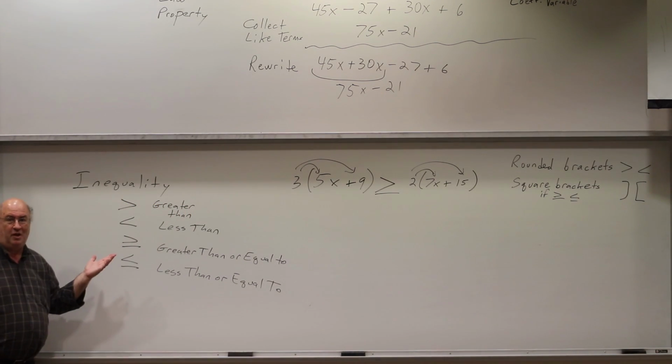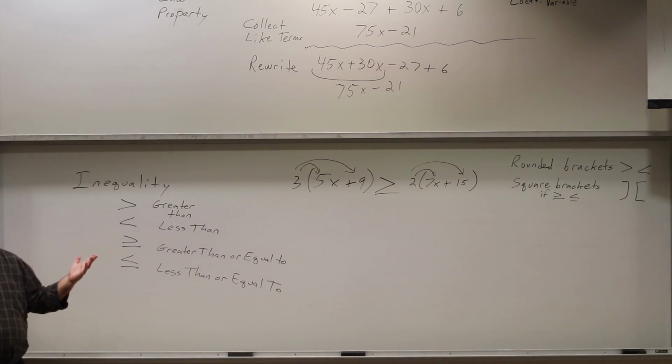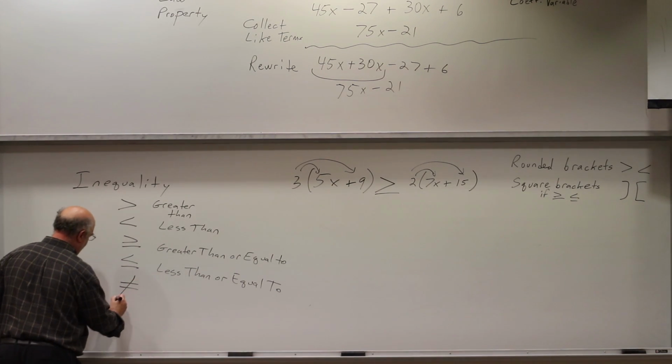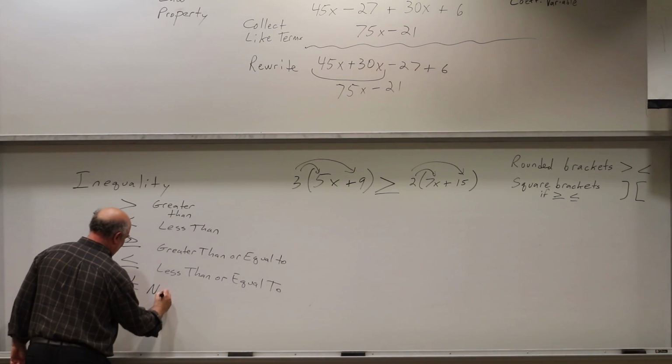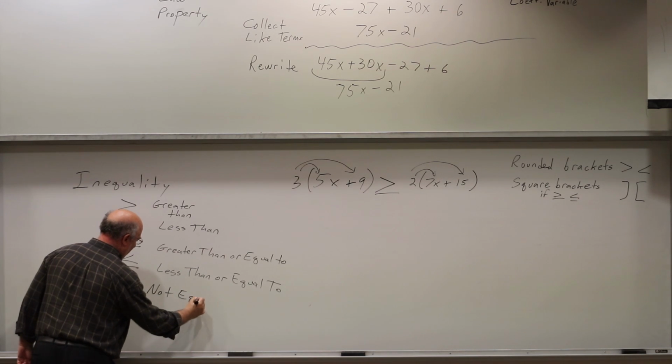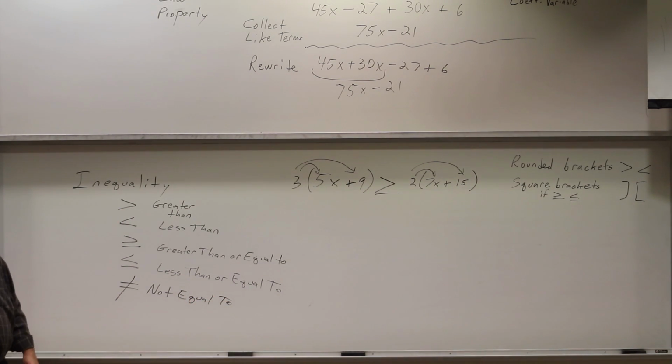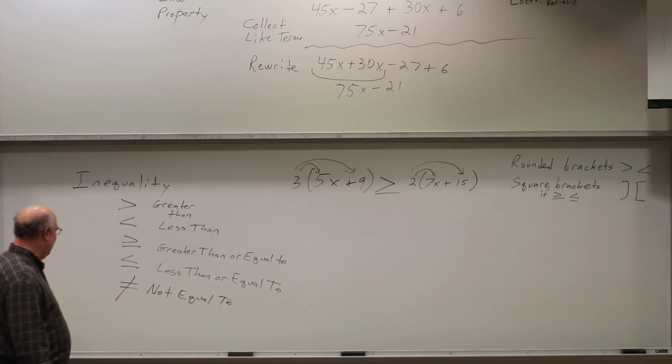Everything without an equal sign by itself is officially an inequality. There's one more of these things, not equal to. We probably don't want to see that one a whole lot. That means when we go check our answer in general, that one side doesn't equal the other side.